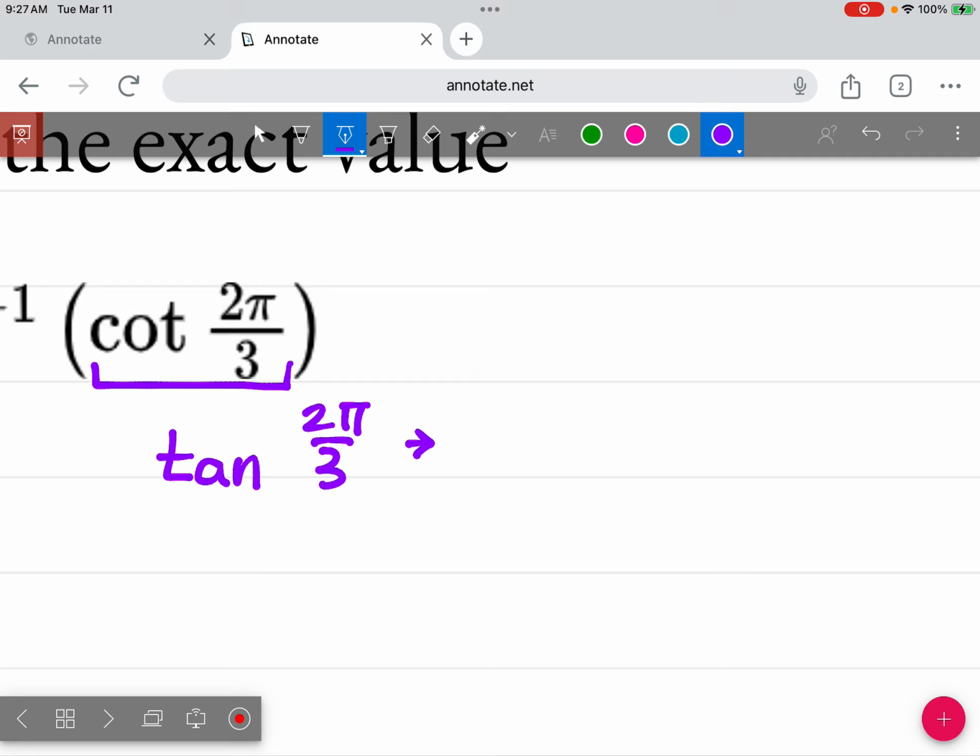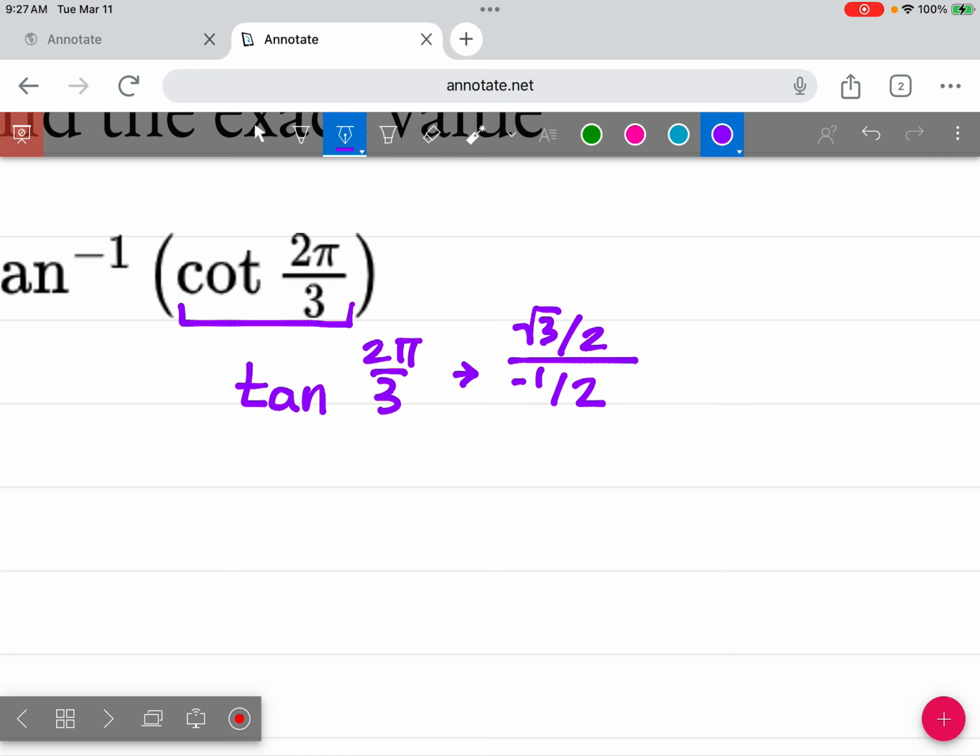So if I find tangent of 2 pi over 3, we're going to come into our 2 pi over 3, and we're going to get that our sine is root 3 over 2, over our cosine of minus 1/2.